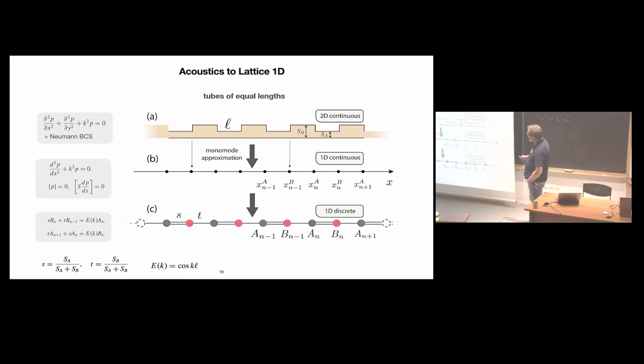And then, since all the segments have the same length, it's possible to go to a discrete system with just the unknown pressure at all the changes of cross-section. We go to this type of system, and you recognize it is SSH, exactly. You have the coupling parameters that are directly given by the ratio of cross-sections, SA and SB.